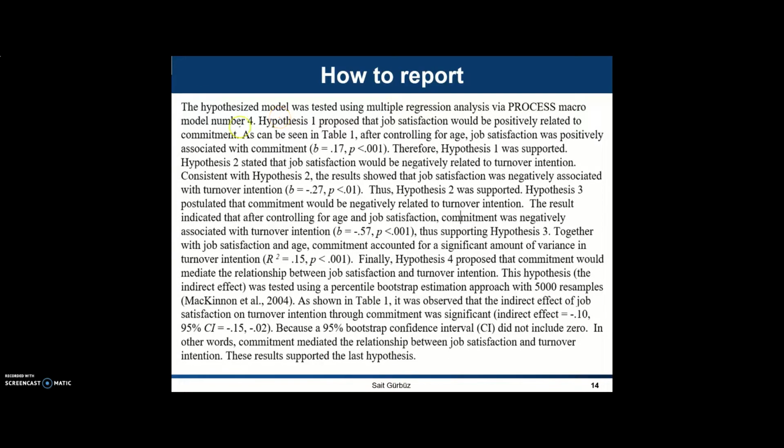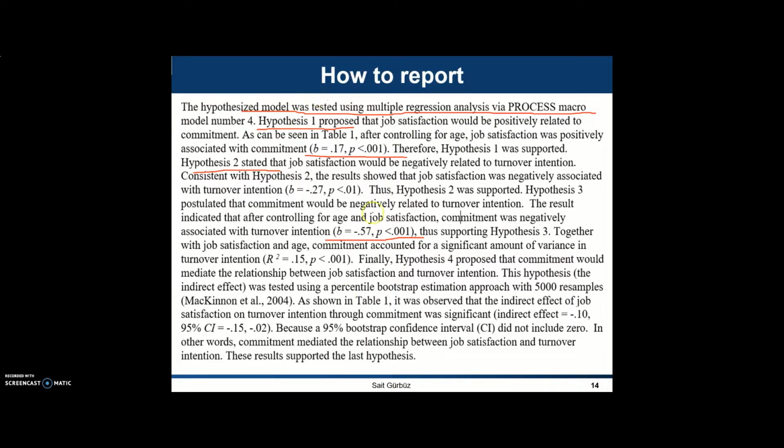So I explain here how we can test our hypothesis, and then once again I remind what our first hypothesis was, and I report here our unstandardized beta coefficient with the p-value, and the same for the second hypothesis, and also the same for the third hypothesis here.